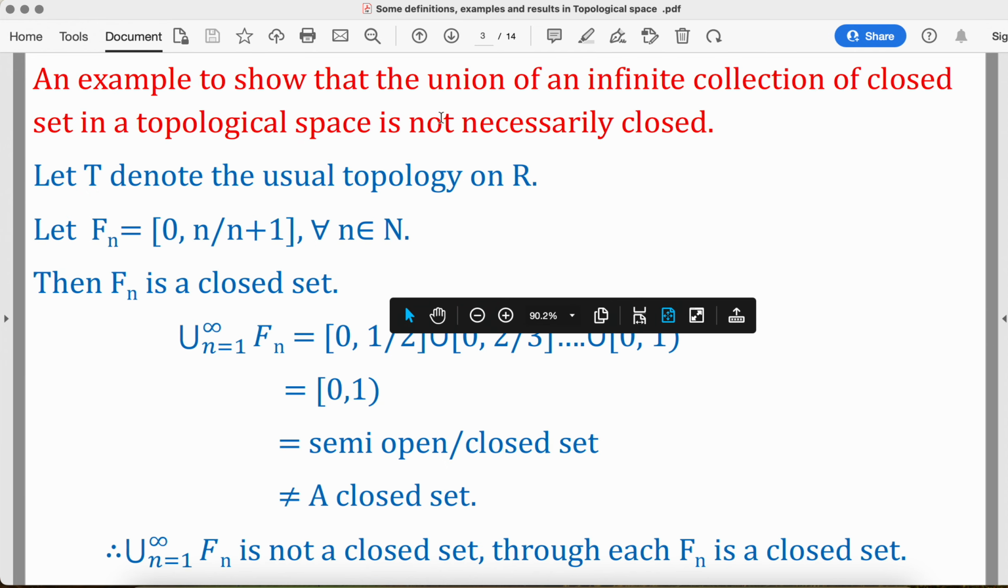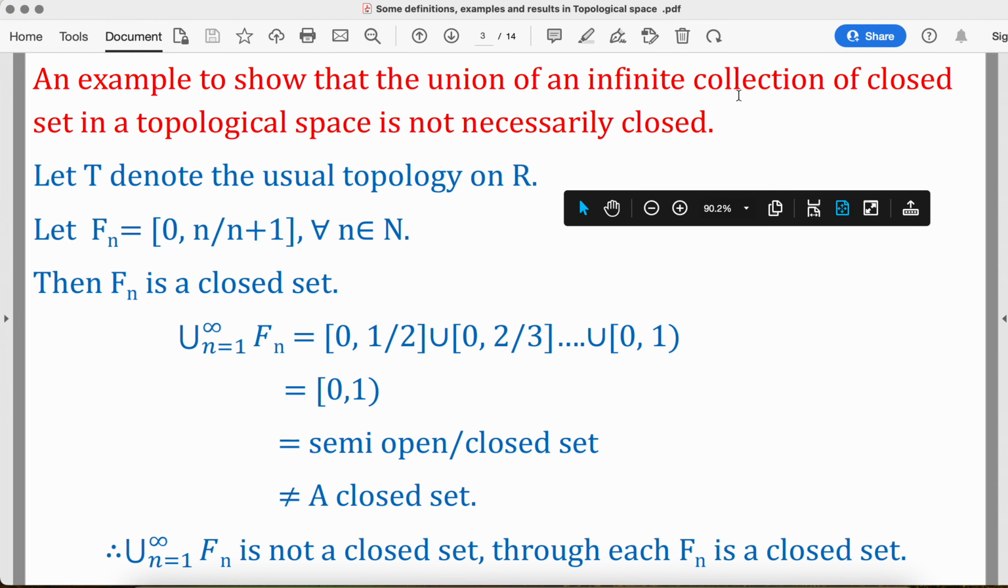An example to show that the union of an infinite collection of closed sets in a topological space is not necessarily closed. Suppose T denotes the usual topology on R, and let Fn be equal to the closed interval 0 to n upon n plus 1 for all n belonging to N, where N is the set of natural numbers.